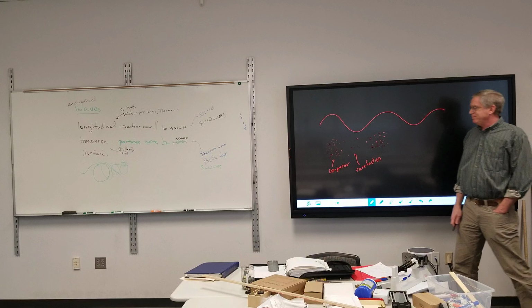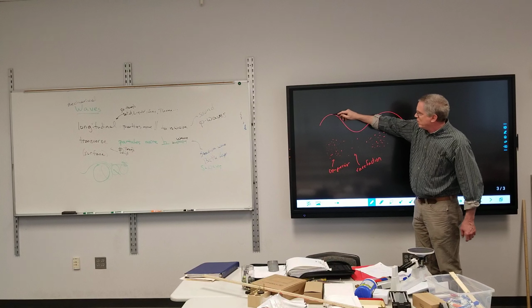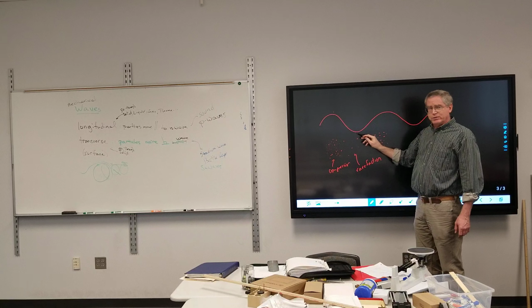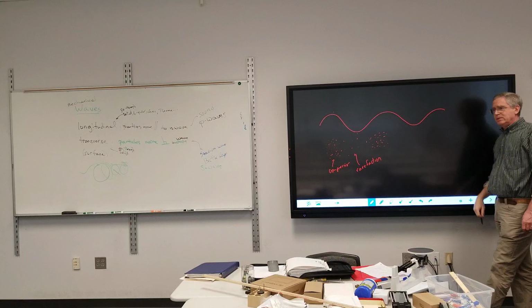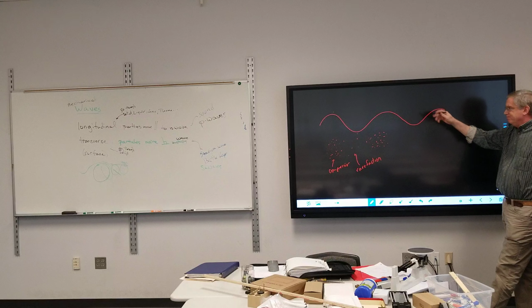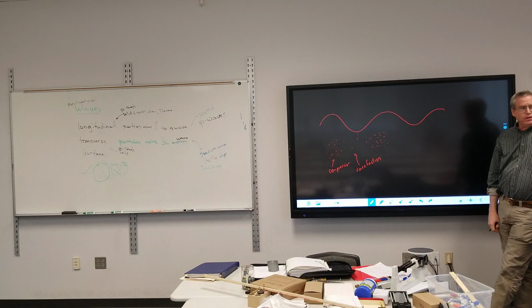So I would represent it, well, like this. This would be the points where I've got high pressure, the points where I have low pressure. High pressure, low pressure, high pressure. So I'm still going to use the same symbol. There are cases, though, in which it's more convenient really to do an overhead view.